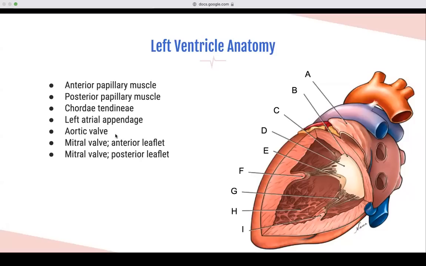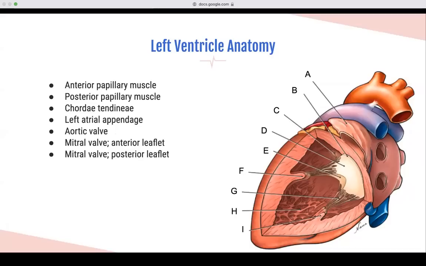Aortic valve. Can you find the aortic valve here? C. Yep. And what's something special about the aortic valve? How is it made? What constitutes the aortic valve? It has 3 cusps. Yeah, it has 3 cusps.